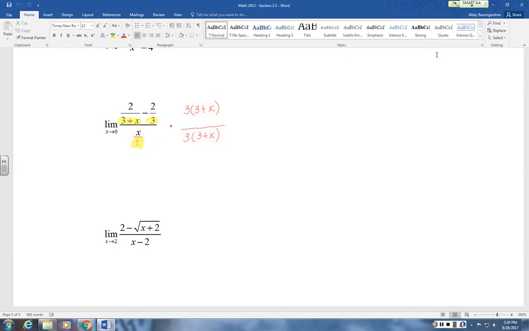Anything multiplied by 1 is just going to return the same thing, so 3 times 3 plus x times a 1 is still going to give us a 3 times 3 plus x. So basically, if the denominator is 1, we get a freebie. We don't have to worry about it. All right, so I've now decided that my number 1 is going to be 3 times 3 plus x. What the heck do I do with that?